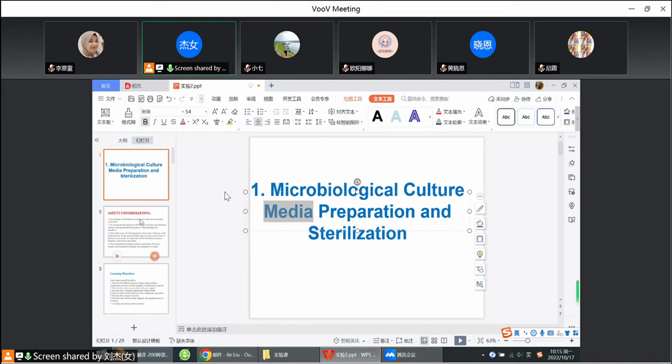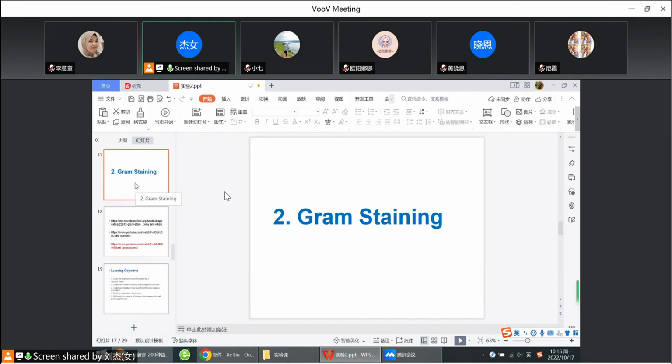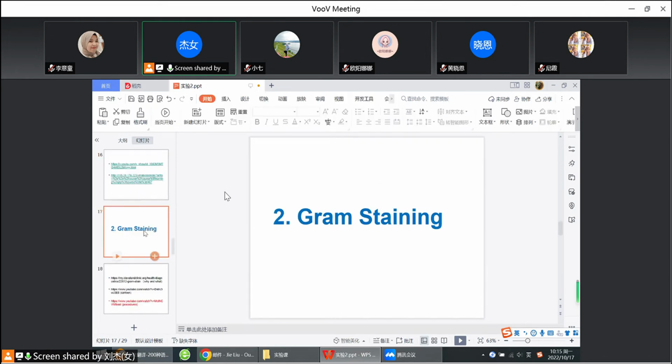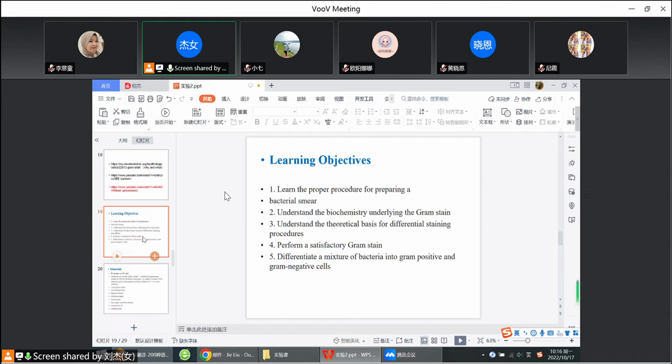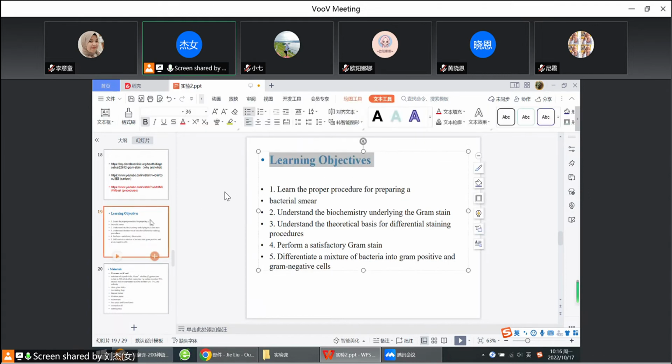So we will skip part 1, and today we will learn part 2, the Gram staining. This is really important. Here in the slides, there are learning objectives, just like every experiment.